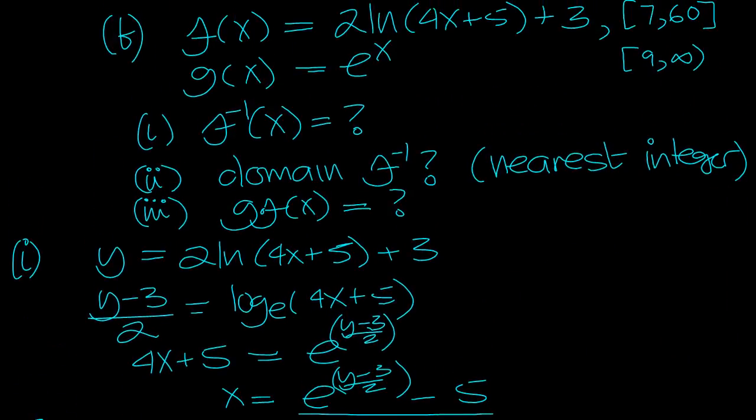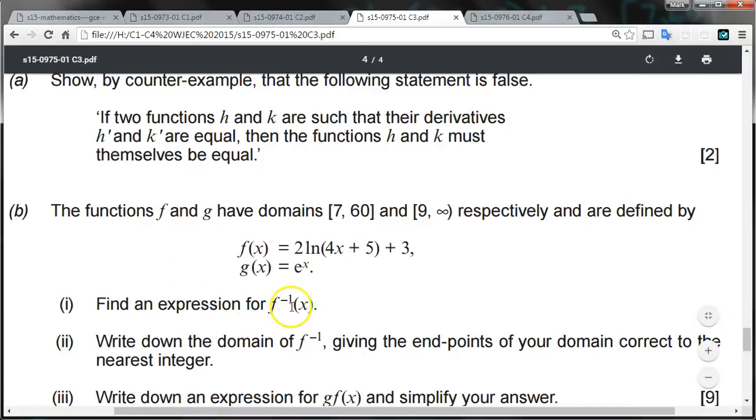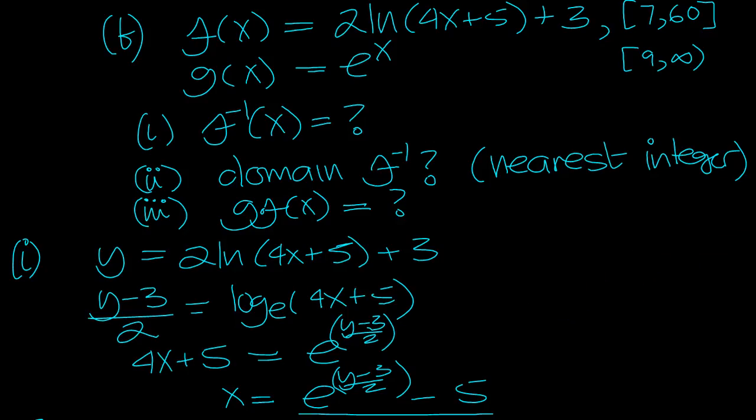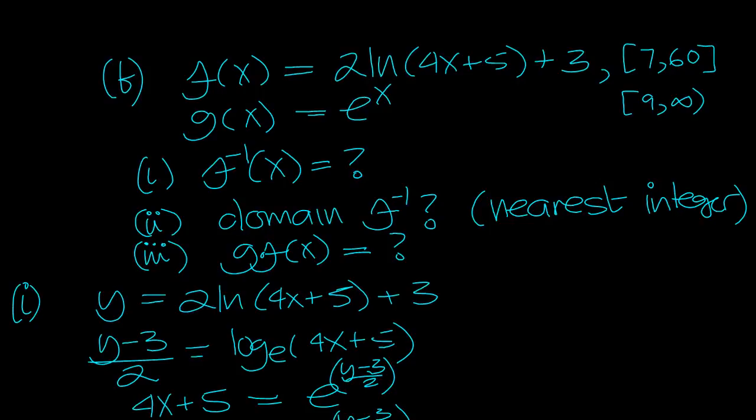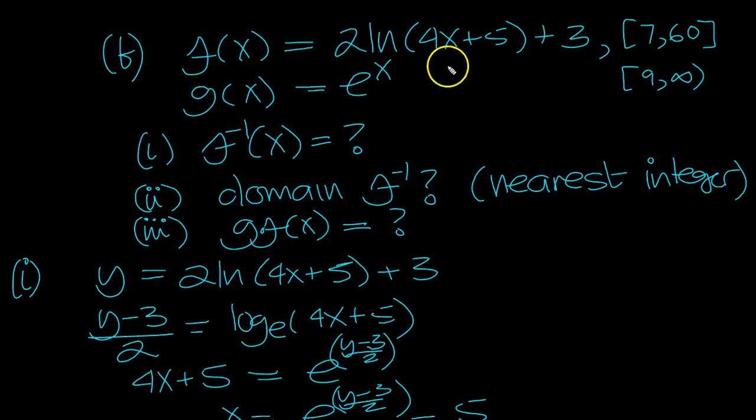Now what does it say as far as the question is concerned? Find an expression for that, which we've done. Write down the domain of f minus 1. So what is the range of f? Okay, the range of f then. So we've got 2 log(4x plus 5).